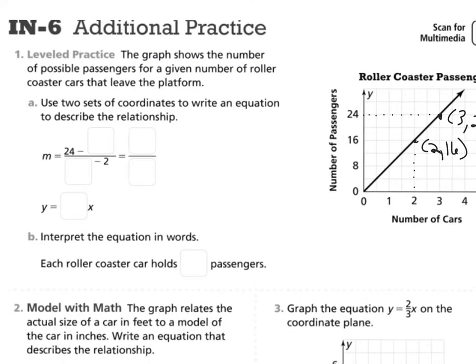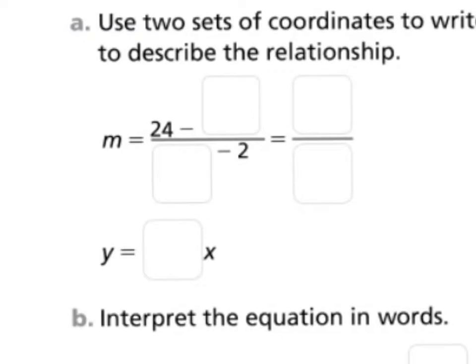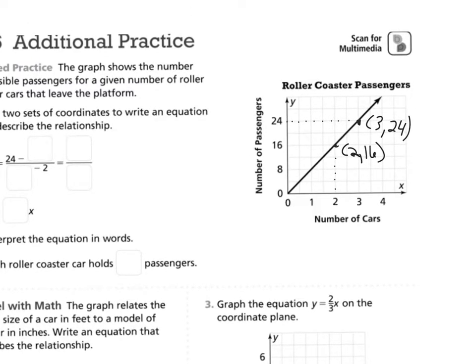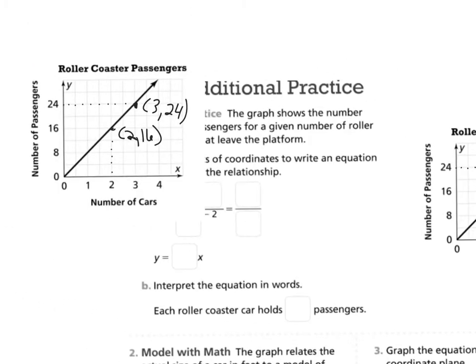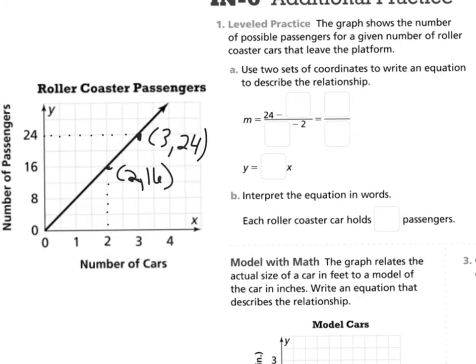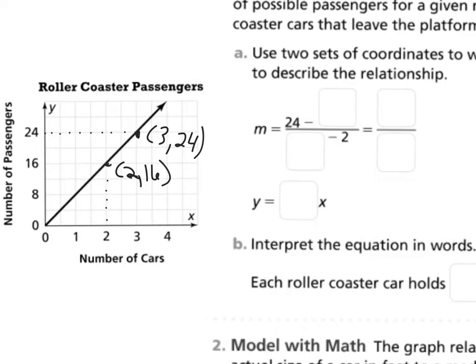So finding the slope, instead of slope, we can use the letter m to represent that. For our change in y's, we could do 24 minus 16, and for the change in x, we could do 3 minus 2.